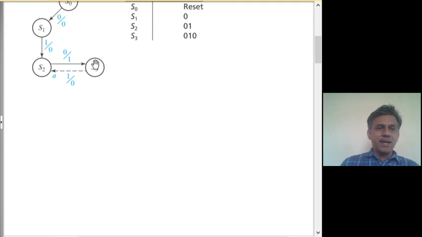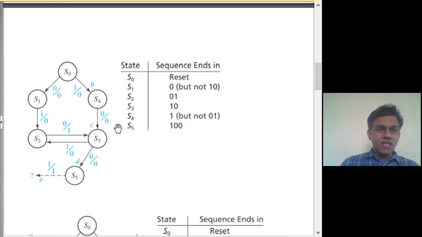So if you look at S3, it is also a 1, 0 which has led to S3. So the same is the case for this state which comes from S4. So indeed that state is the same as S3. That is why from S4 we are going to S3, because you reach S3 after a 1, 0 here or a 1, 0 here.